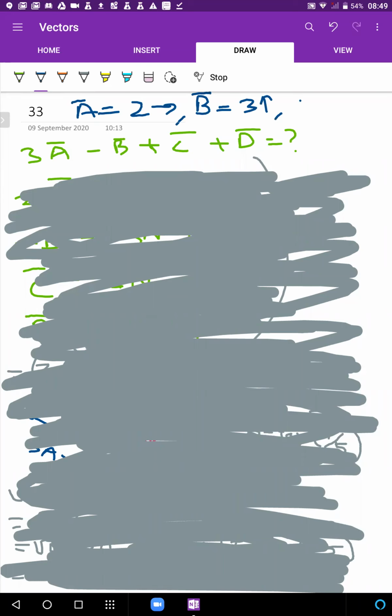Everything in Newton. I think I'm not writing the units. It's just for you to remember what this was. C was 4 towards right, same values. D is 5 downwards, all in Newton. Find 3A minus B plus C plus D.